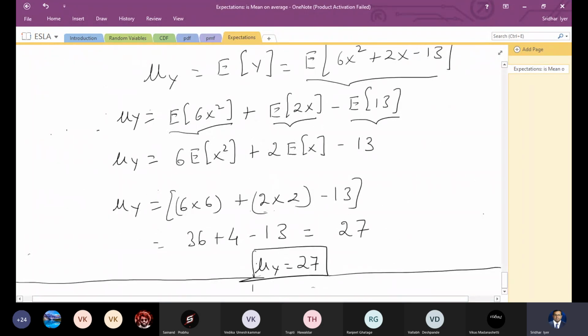So there are many more questions based on expectation and variance which we can solve. So I've given you the idea of what mean is, what variance is, what is the second order moment, and we have looked at initial numericals based on expectation and variance.